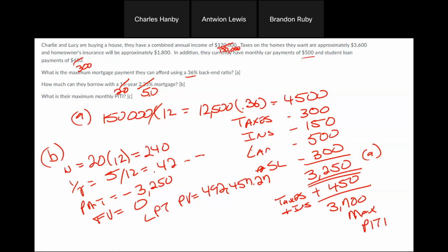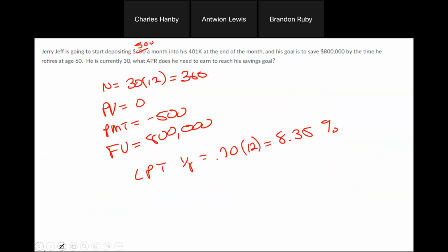That is the front end ratio, back end ratio. Then we calculated an APR. The first problem was a future value of an annuity.